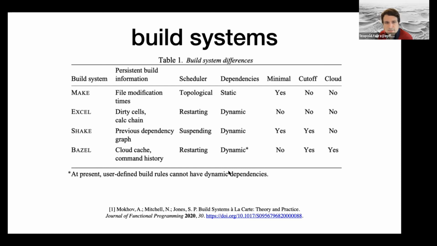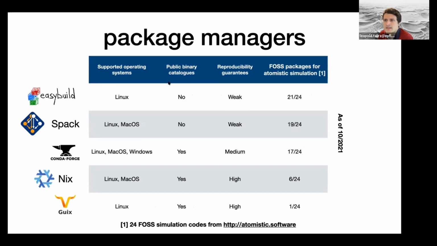But these are maybe not the criteria you typically think about when deciding which build system to use or which package manager to add your code to. So here I've collected a couple of practical criteria one might think about when considering which package manager to pick. Of course, there are many more.